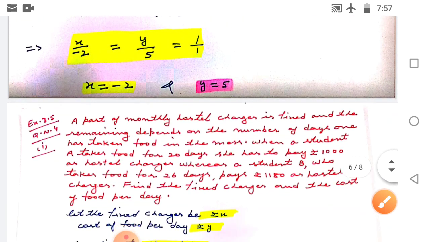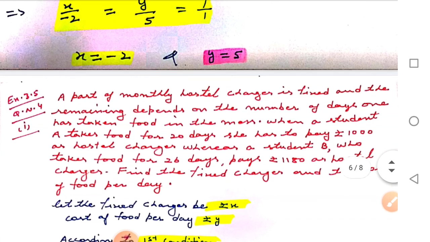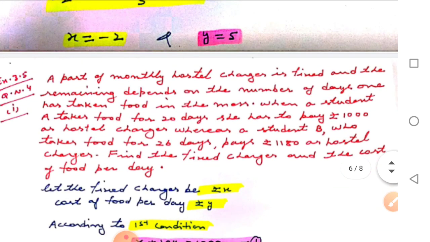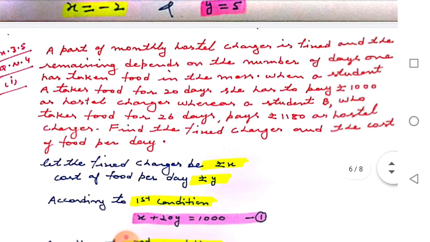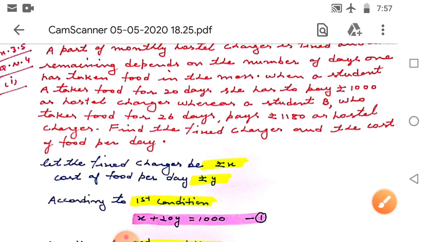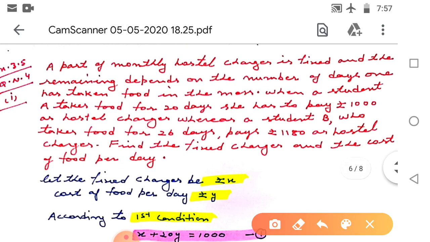Now come to question number 4, exercise 3.5, first part. The question is: a part of monthly hostel charges is fixed, and the remaining depends on the number of days one has taken food in the mess.